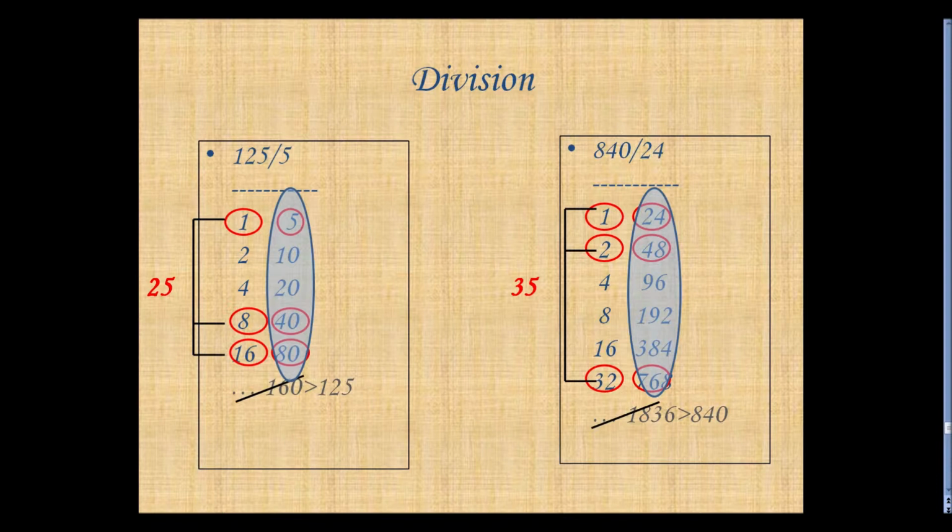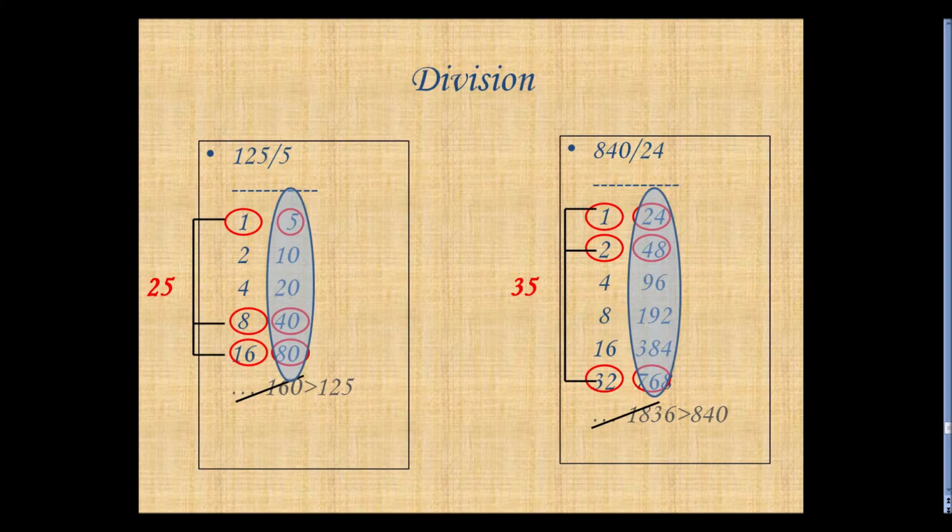And again, we look how we can form the 840 from the numbers in the second column. It is a little bit more difficult than the multiplication, but still fairly easy. And we can see that 768 plus 48 plus 24 is exactly equal to 840.